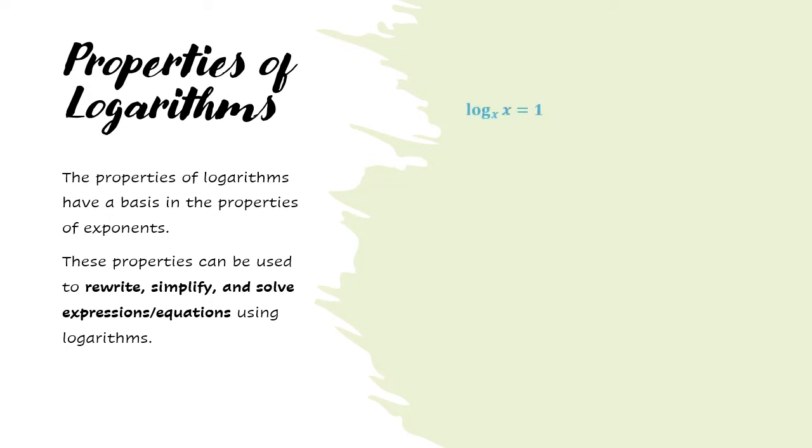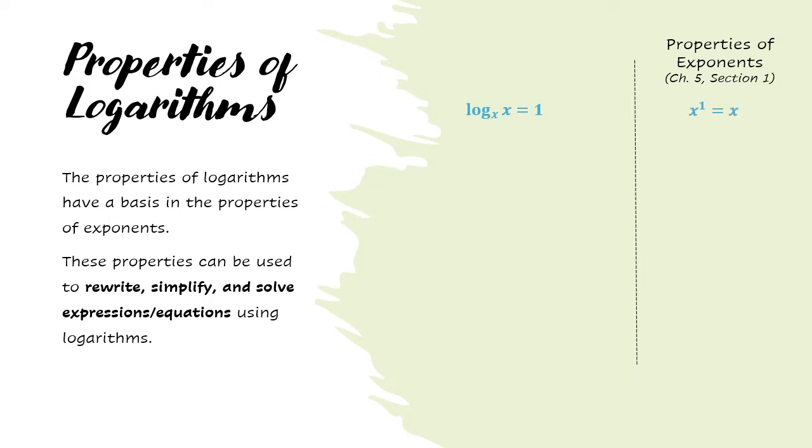is this guy. The log base x of x is equal to 1. You might call that some sort of identity property. And here I'm going to draw our parallel to this in exponents. Again, this comes from chapter 5, the first day of chapter 5, section 1.